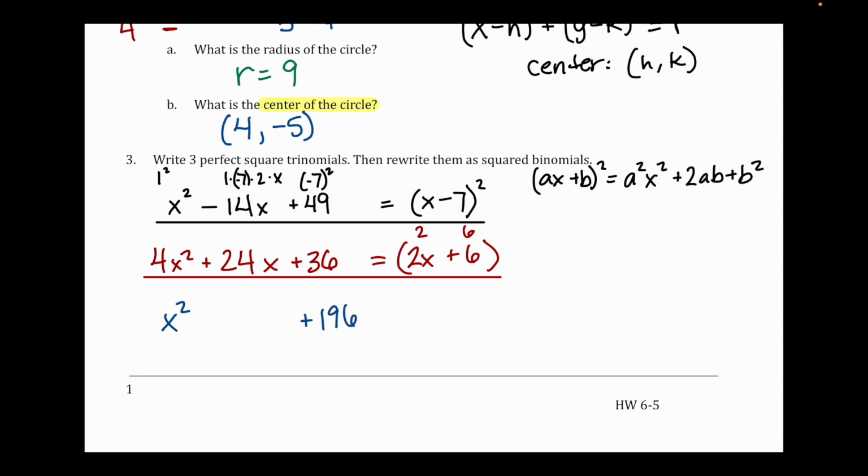Now that square root is 14, and 14 times 2 is going to be 28x. This is going to be x plus 14 squared. And I forgot to put the squared on here, probably because I was so distracted by making that mistake. So there we go. I have 3 perfect square trinomials written as squared binomials.